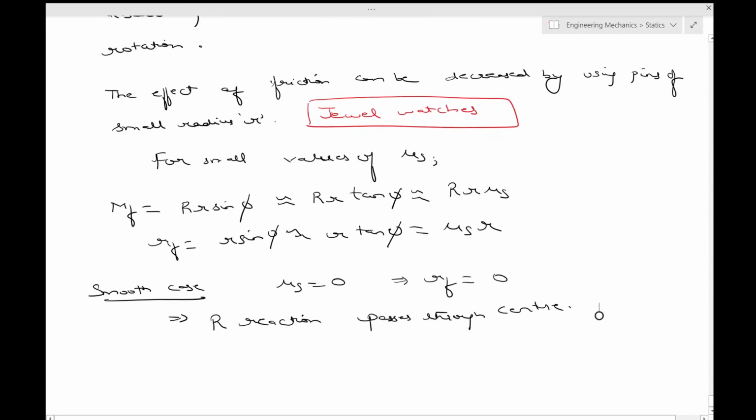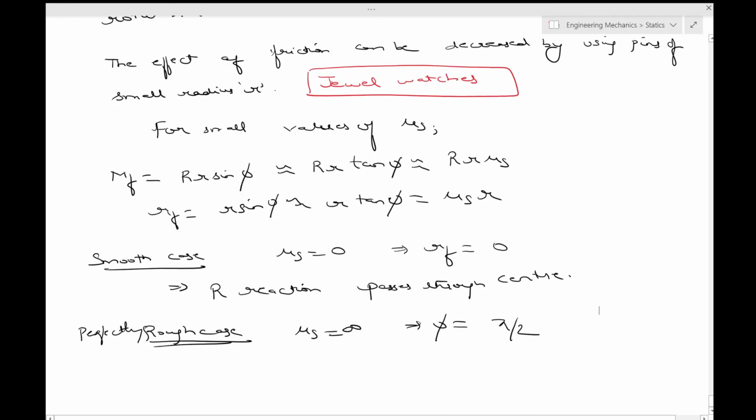Now if you have a rough case, or a so-called perfectly rough case, mu s is infinite. This implies that phi will be equal to pi by 2. You can take a limiting case as well. Take mu s tending to infinity, and in that case phi will be tending to pi by 2.